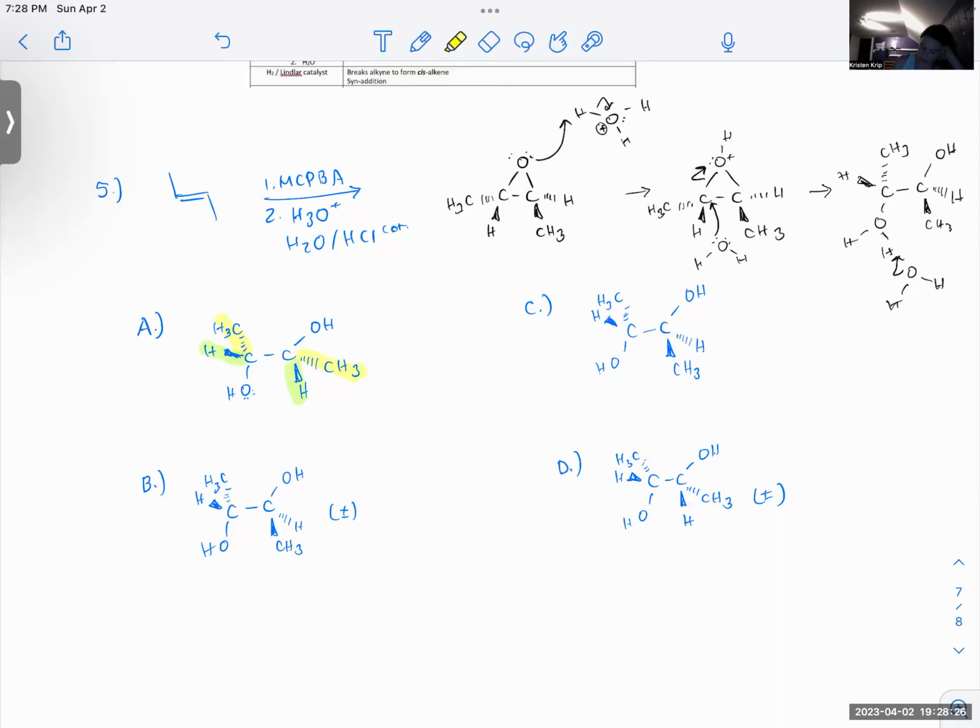But because we started with a trans alkene, it cannot be this one, because that would be a cis alkene. So a cis alkene would give this. This would be the product for a cis alkene.